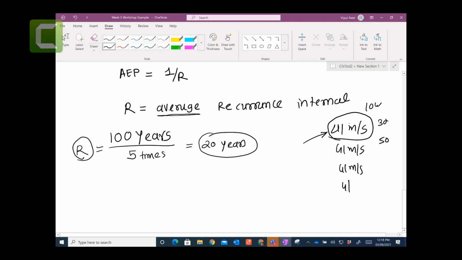It may not hit exactly, but on average the event will occur once in that many years. So you will have 41 meters per second once in every 20 years.